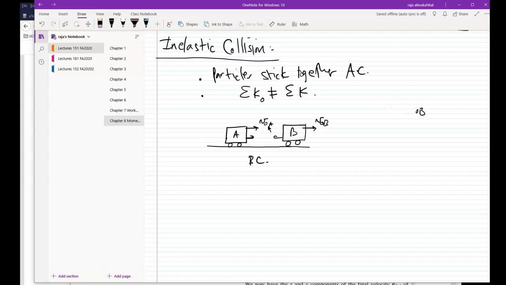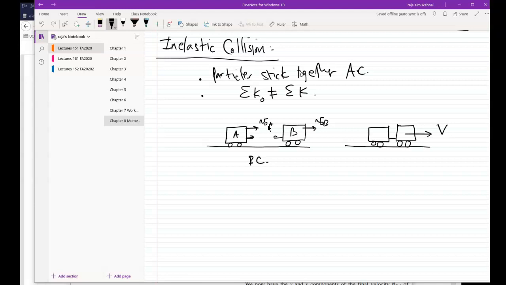So what happens in this case? The two train cars are going to hit each other, and then they're going to connect like this. Here is A. Here is B. Okay, they're all connected together now. And they're both moving with one single common speed. I'm going to call it big V. Your book uses small v or something else, whatever it is. I like big V for the common speed.